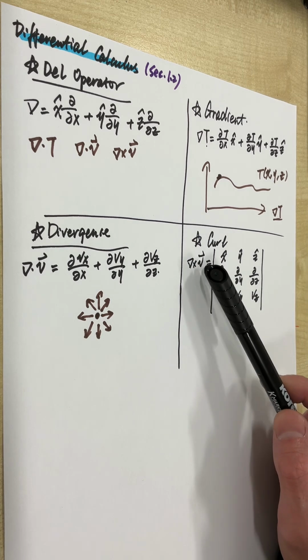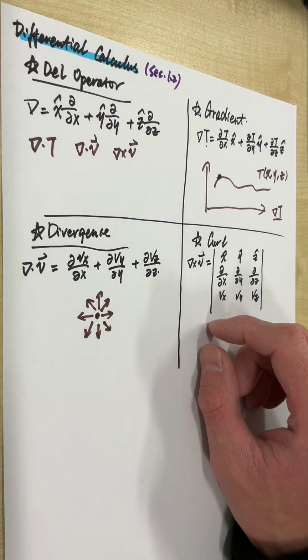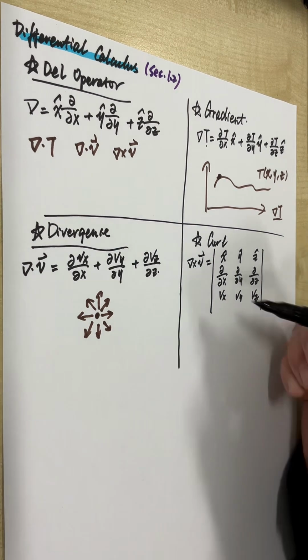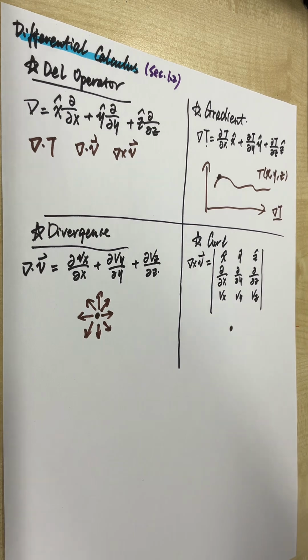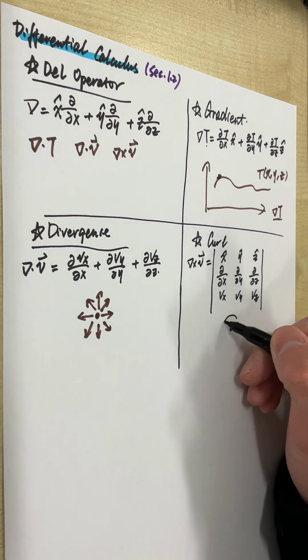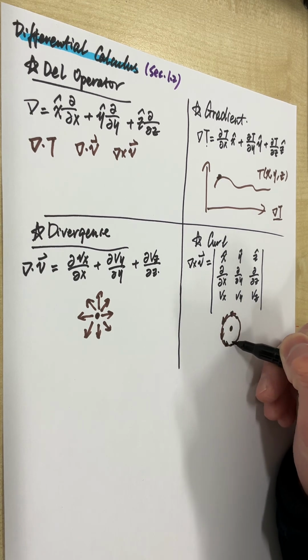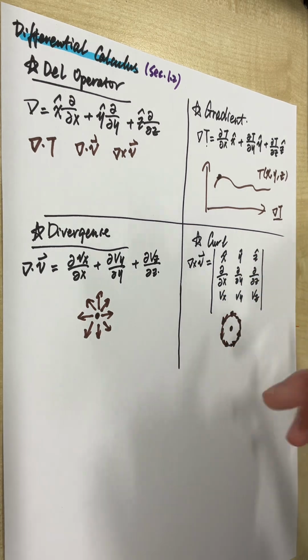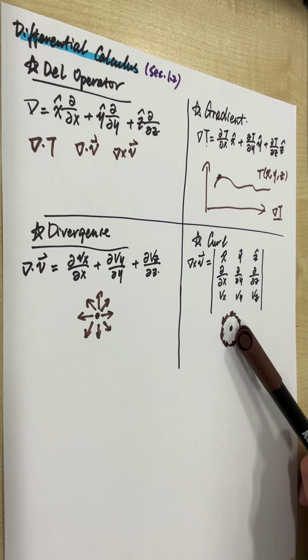So a cross product gives us a vector. Curl tells us how a vector swirls around a point. Here, for example, we have a current flowing out of the page. Then we have a magnetic field that swirls around the current. So obviously this has a lot to do with magnetic field.